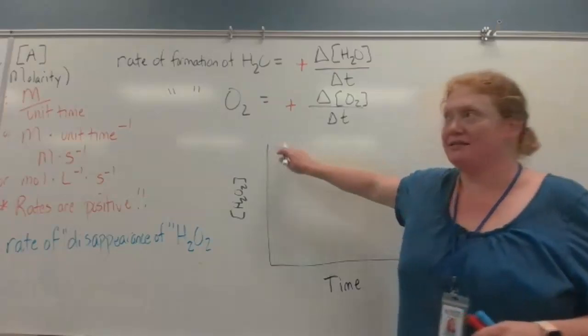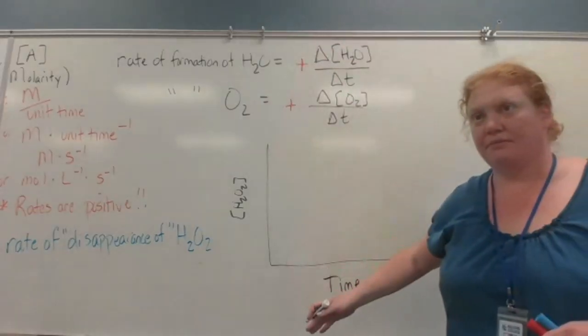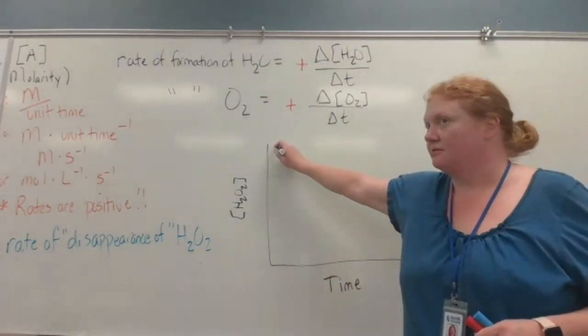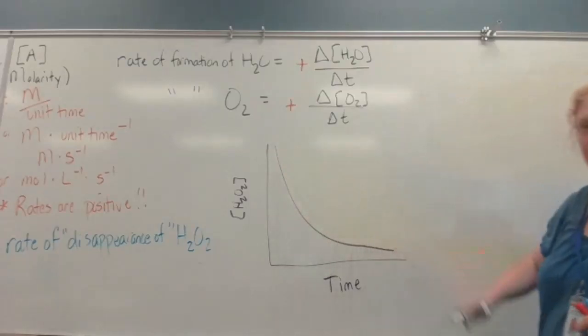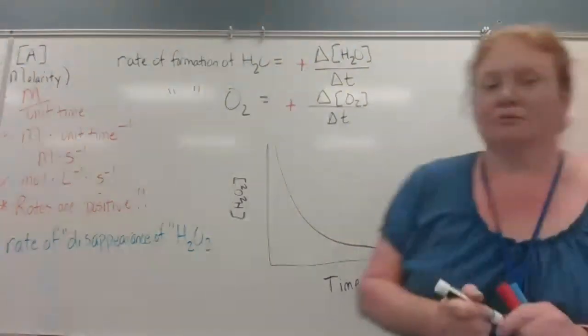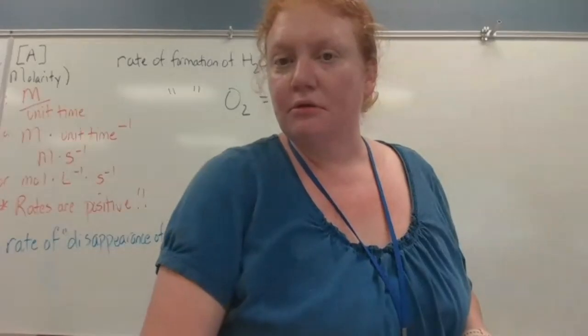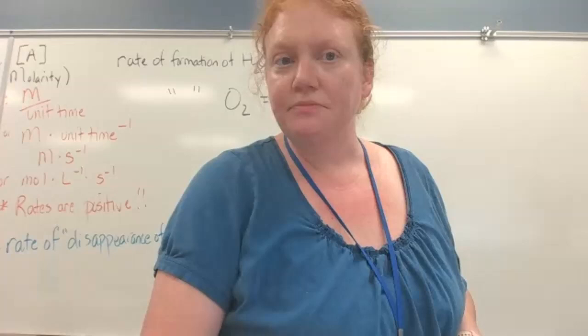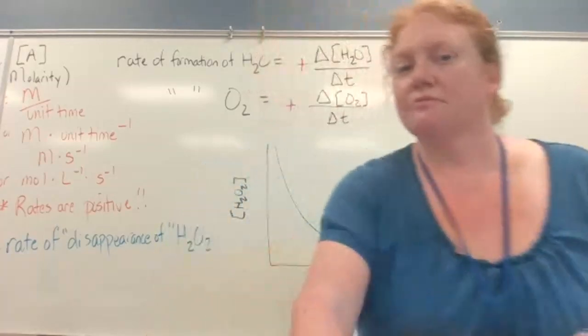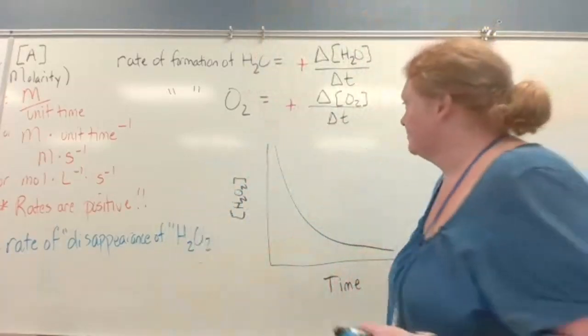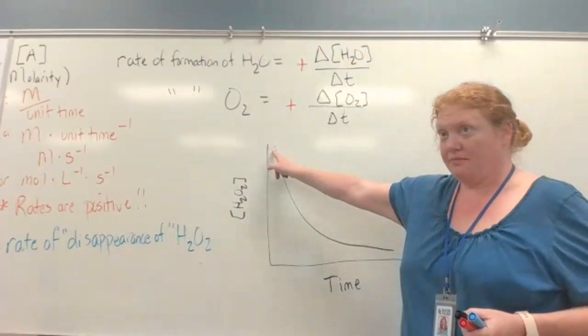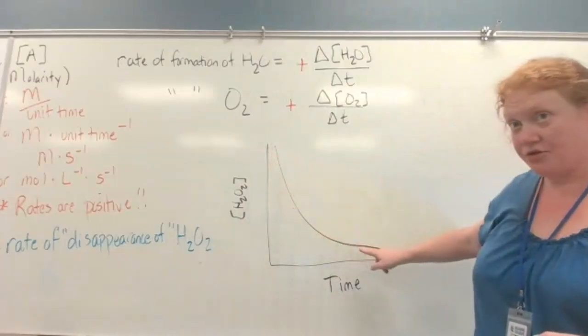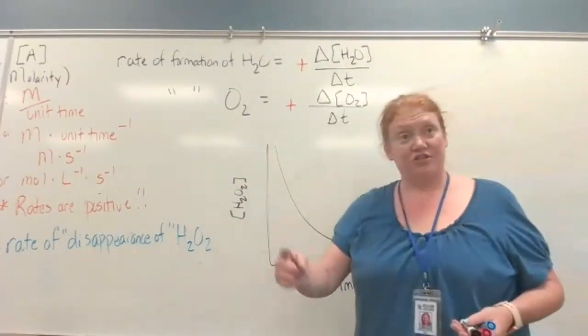It is not. If it was, then the rate would be the same the whole time. What is it instead? Okay. See? Over time, we get less and less concentration, but the rate changes.